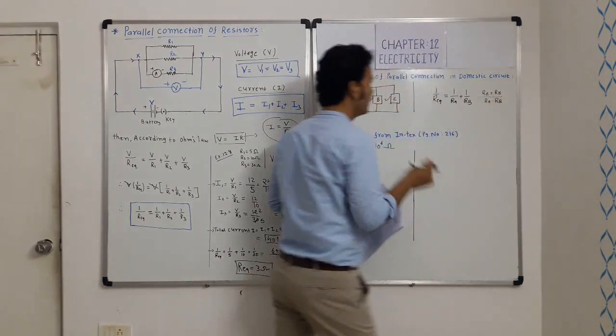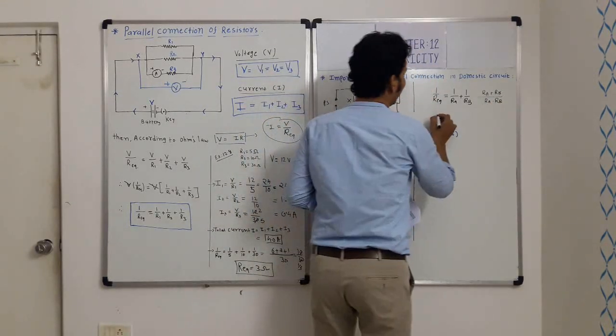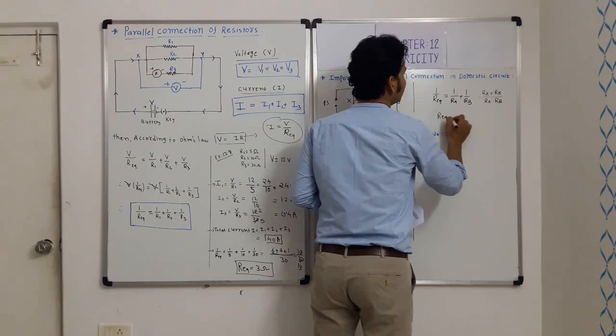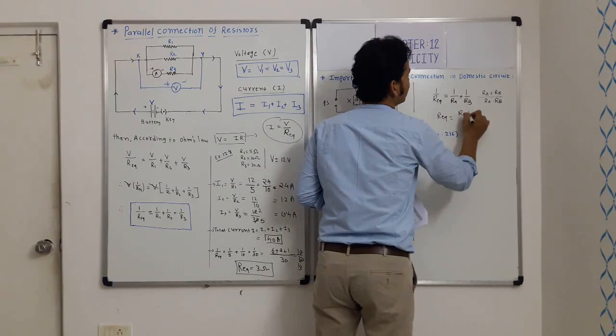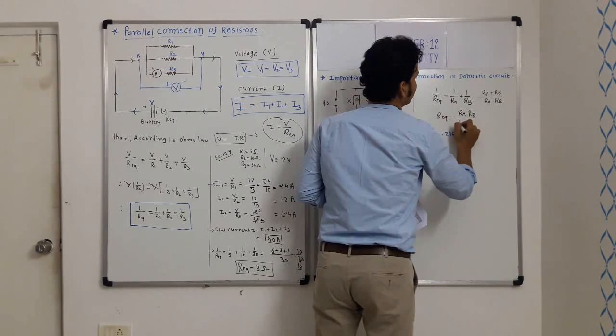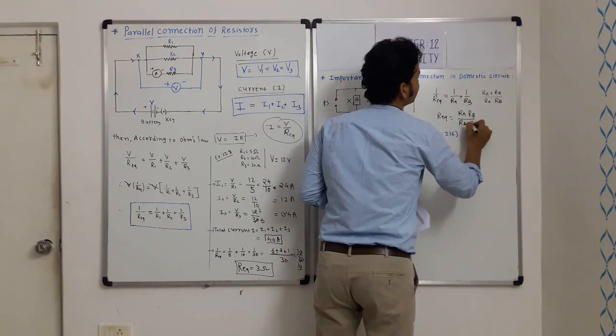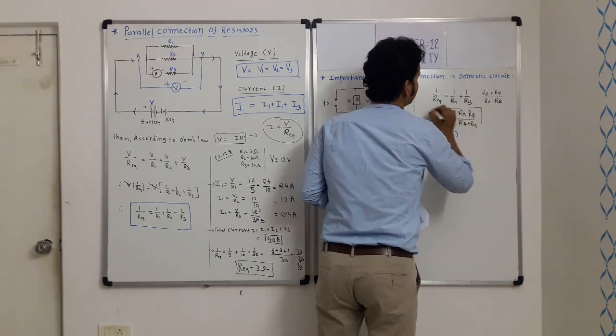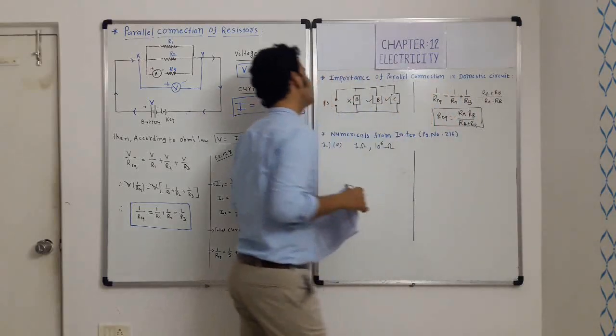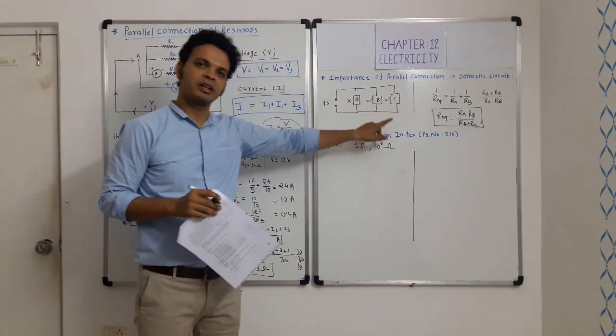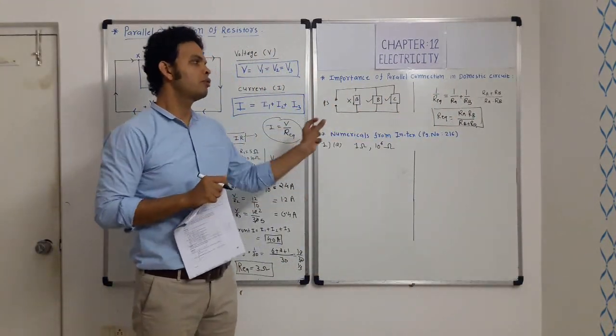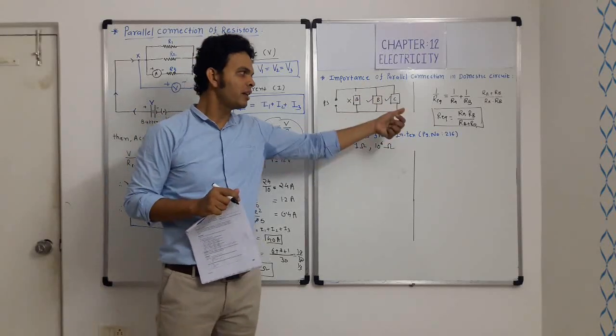Can I write it like this? But this is 1 upon R equivalent, so R equivalent is equal to RA dot RB divided by RA plus RB. Only when two resistances are there, you can use this shortcut. In the numerator you multiply, in the denominator you add.